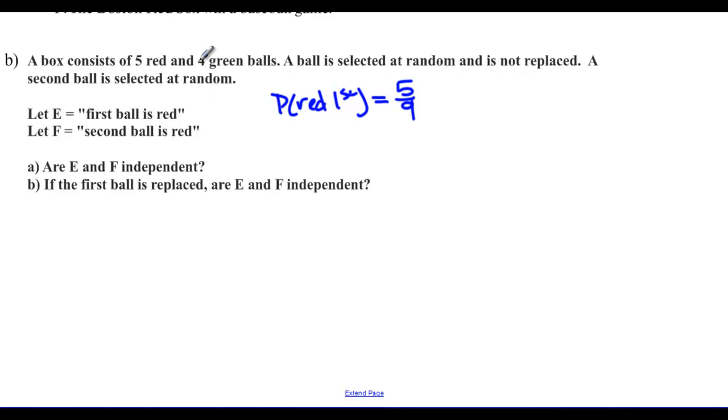And then we haven't put that back in, and we want the probability the second ball is red. Well, we have 1 ball missing, so the bottom is going to change from 9 to 8 because we now only have 8 balls in. As far as the top, it's going to depend if you drew a red ball or not.